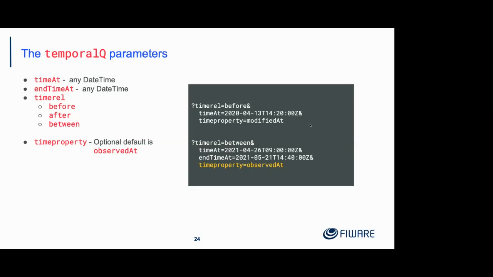Yeah, that's right. And if you look at the timerel there, this is actually the duration of the I4Trust trainers. Between those two times, you should be learning more about NGSI.